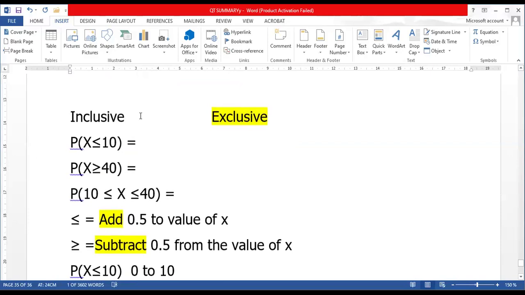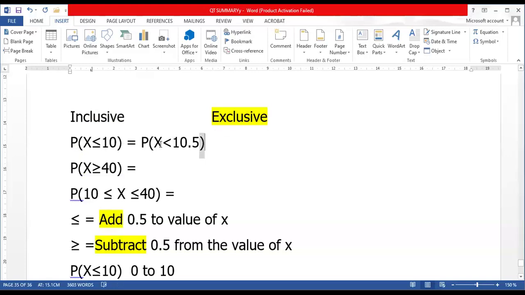So if the examiner had said get a probability of x greater than or equal to 10, then for you change this to the probability of x less than. We said if it is less or equal to, we add. So it will be 10.5.